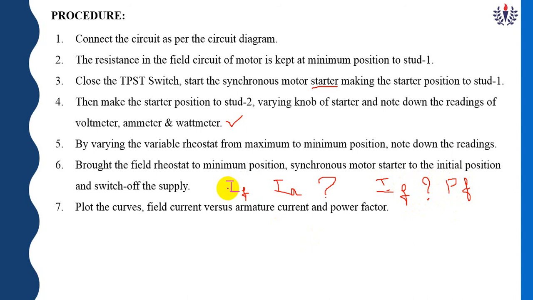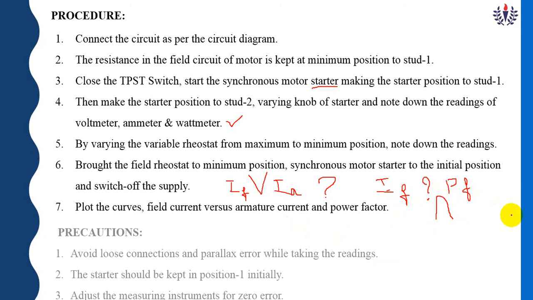If you plot IF versus IA, you will get a curve which resembles a V. If you plot IF versus power factor, you will get a curve which resembles an inverted V. That's why the name of the experiment is V and inverted V curves of synchronous motor.